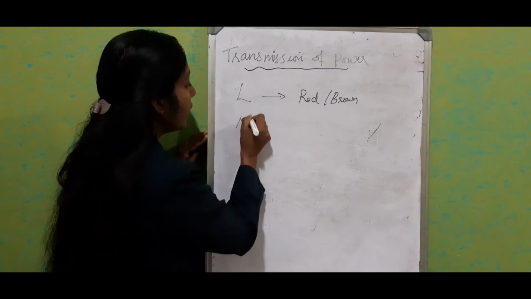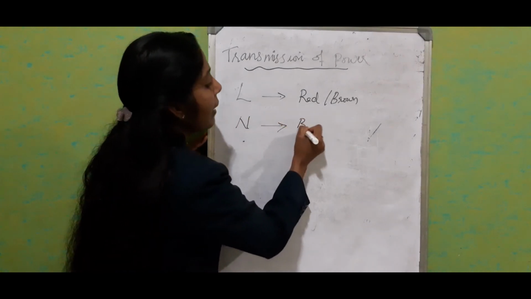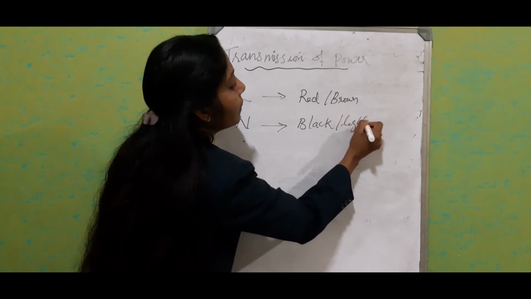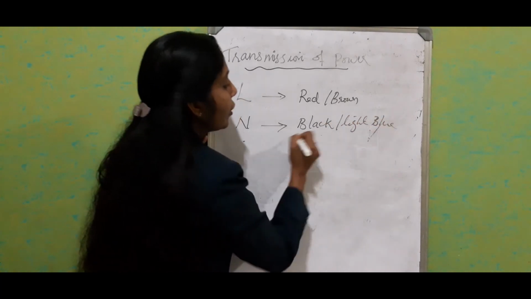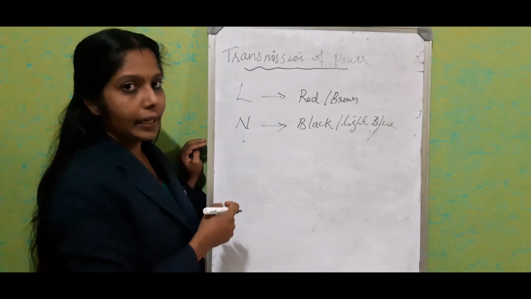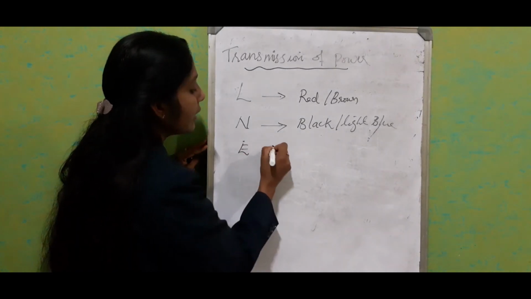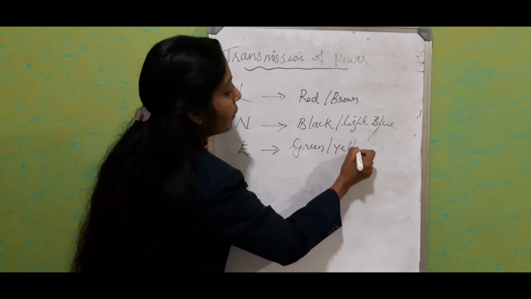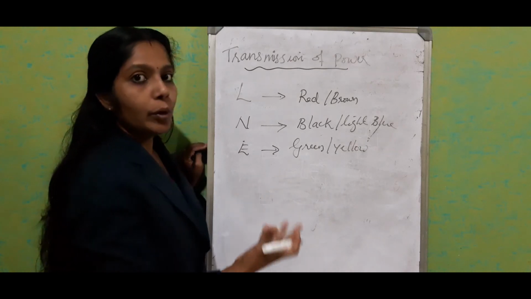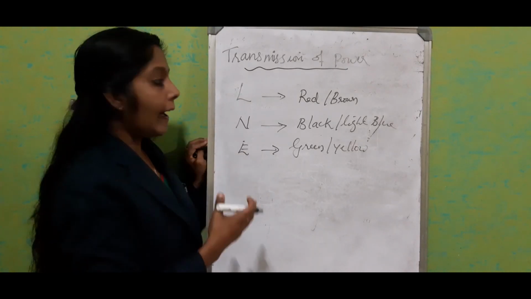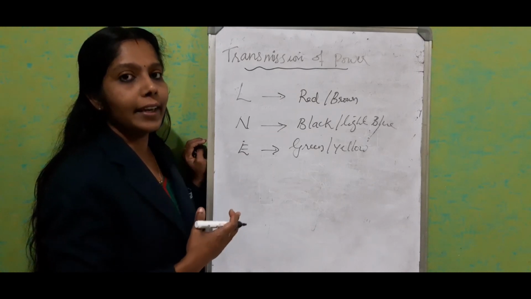For the neutral connection, it can be black or light blue. The earth connection is given by green or yellow. So these are the wires we can use for connecting live, neutral and earth in our connection wires.